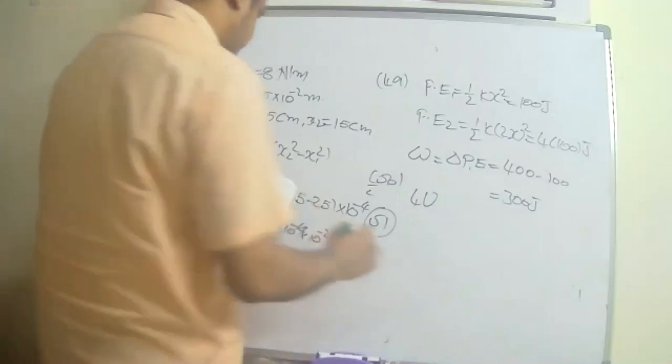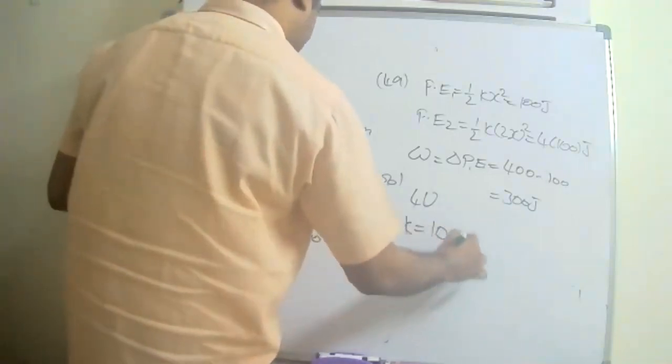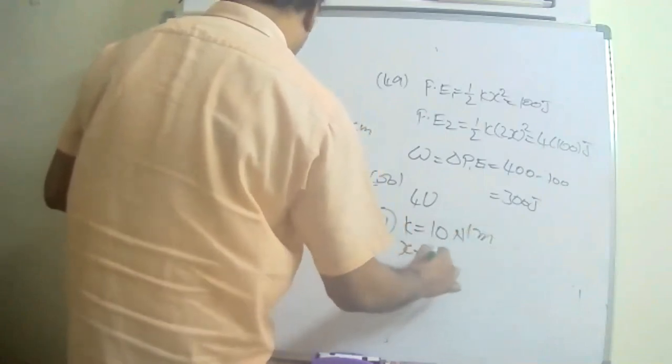The spring of force constant 10 Newton per meter has initial stretch 0.2 meter.